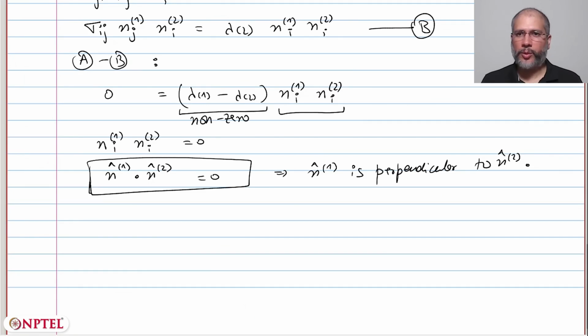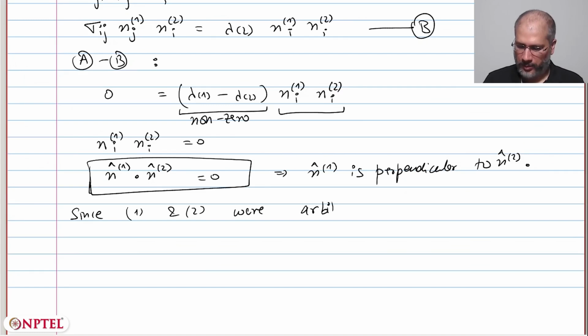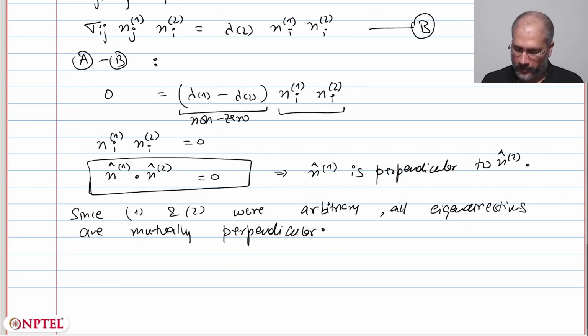And remember in the beginning we took two arbitrary directions n1 and n2. So since 1 and 2 were arbitrary, all eigendirections are mutually perpendicular to each other. I mean, you can start with n2 and n3 or n1 and n3 and you'll get the same result. So that completes the solution.